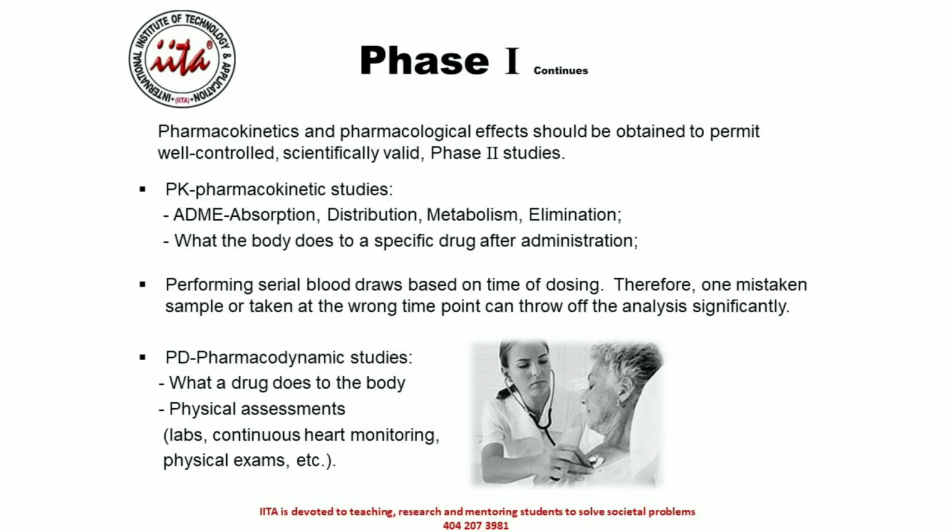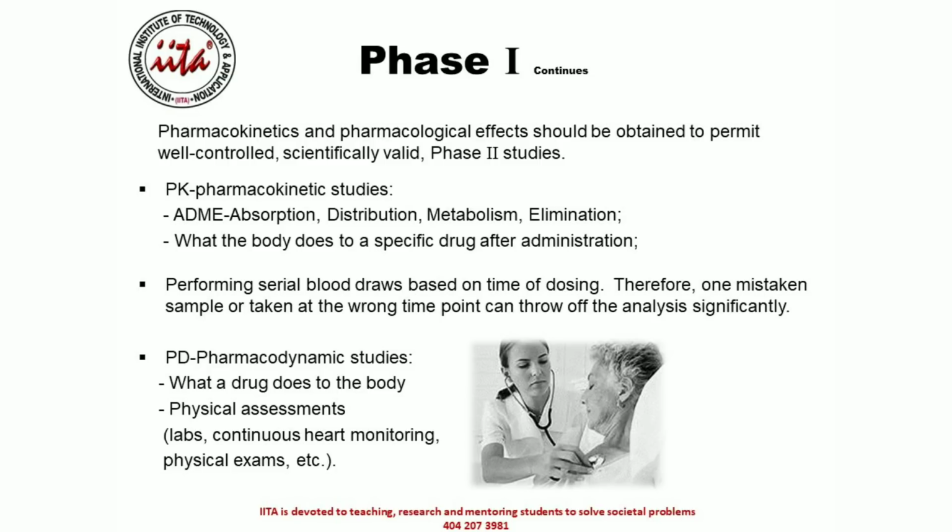Pharmacokinetic studies consist of absorption, distribution, metabolism, and elimination. What the body does to a specific drug after administration. Performing serial blood draws based on the time of dosing. Therefore, one mistaken sample taken at the wrong time can throw off the analysis significantly.